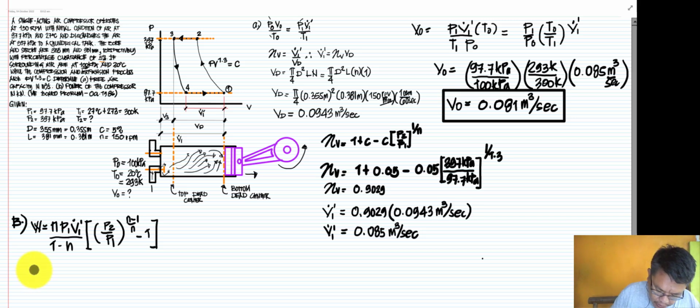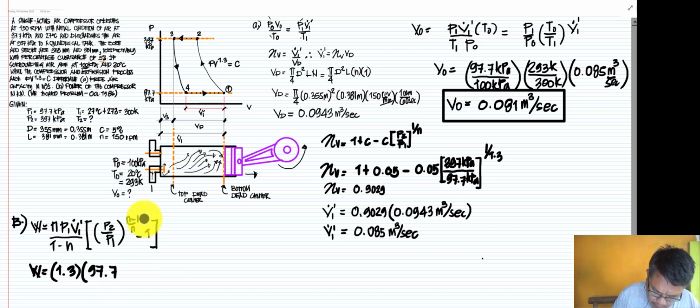So let's try to substitute directly the values here. So we have N, which is equal to 1.3. Then multiply this one by the value of P sub 1, which is 97.7.